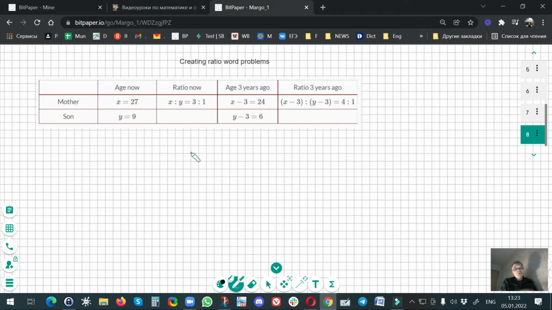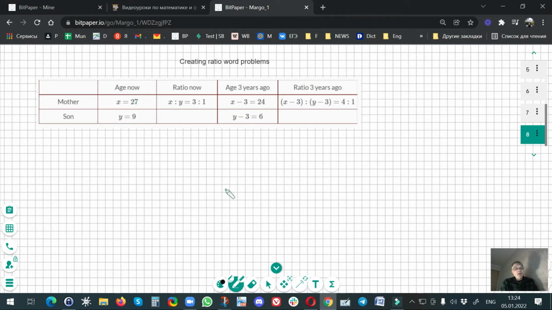And to do that, you shouldn't think of choosing prime numbers. It's not a very good idea. Especially the bigger number, the mother's age, it's a good idea when both numbers would have common divisors. But in this case it's very simple.